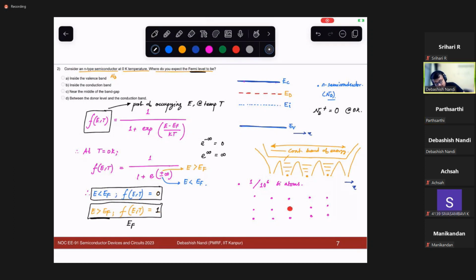That means that all the electrons are at these locations only. Is that okay? Yes, sir. Whenever an electron gets from this to this, then this will become ND plus, right? This particular dopant atom.